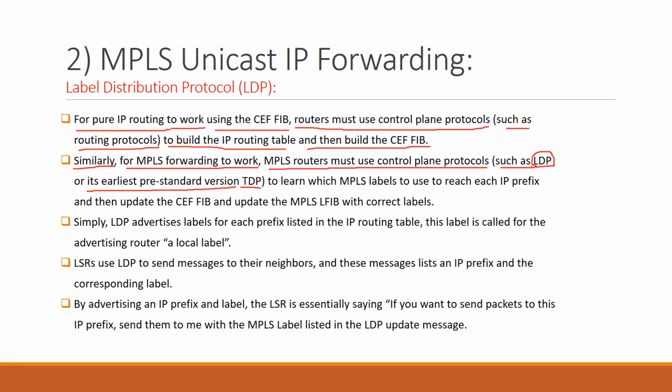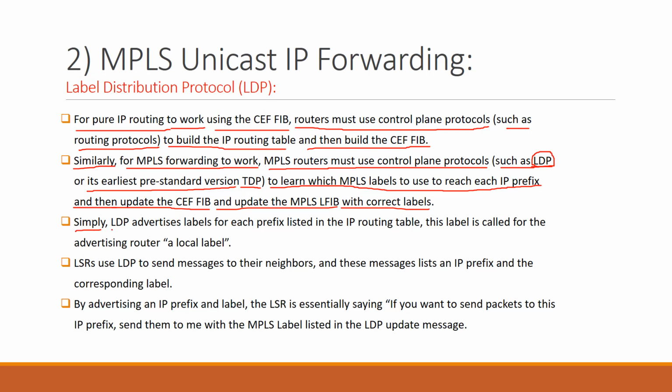But recently we are using the standard LDP. So this protocol is used to learn which MPLS labels to use to reach each IP prefix. And then when it attaches a label to each learned IP prefix, it then updates the CEF FIB and updates the MPLS LFIB with the correct labels.